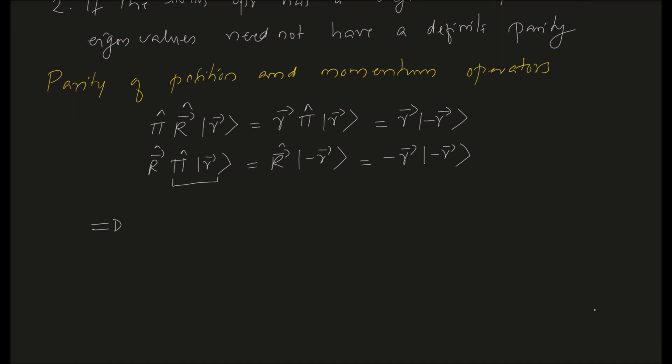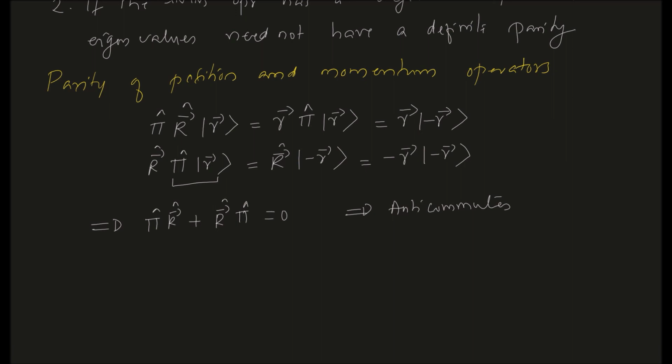So it implies that parity operator pi r plus r pi is equal to 0. That is, they anti-commute.